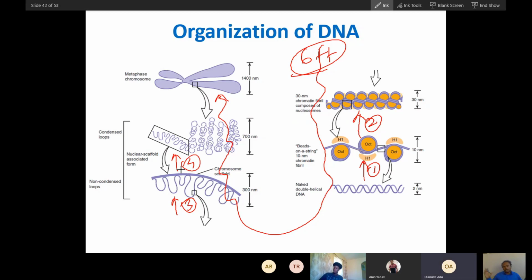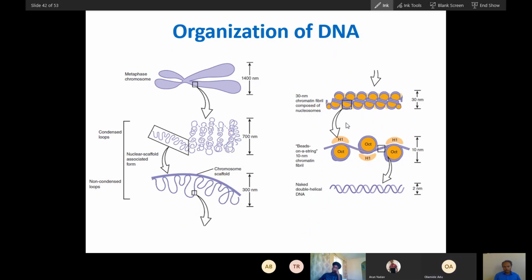In 4 stages, the DNA is compacted into a very tiny form that could be arranged on the tip of a nail. About 2 meters of DNA compacts into a very tiny nucleus that is not visible to your eyes. This is how DNA is organized.